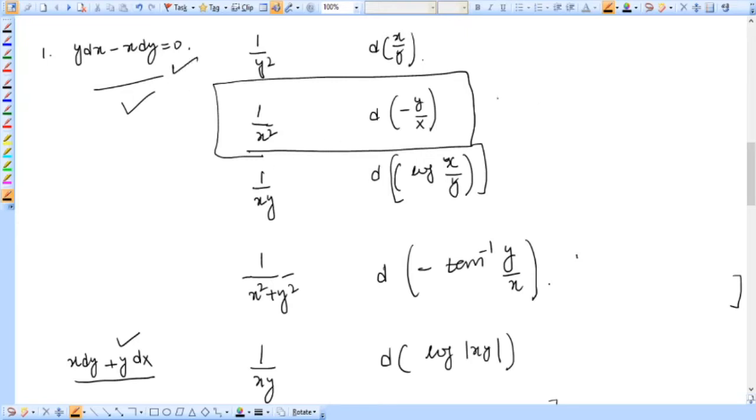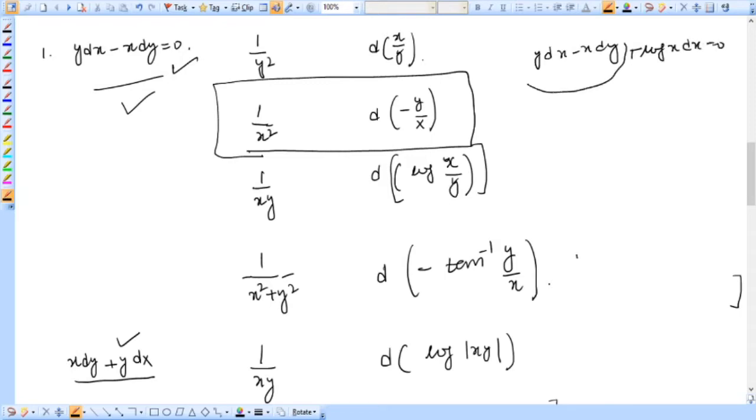So as you can see, the given differential equation is y dx minus x dy plus log x dx equal to 0.